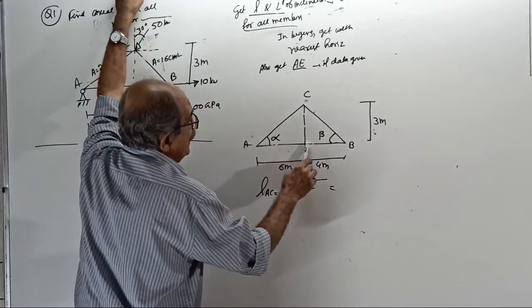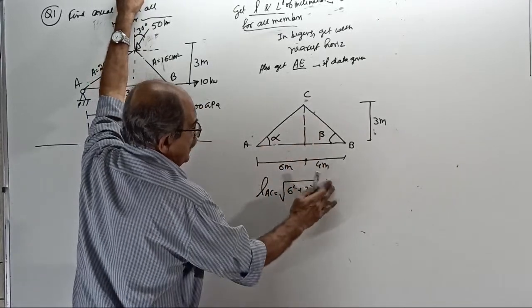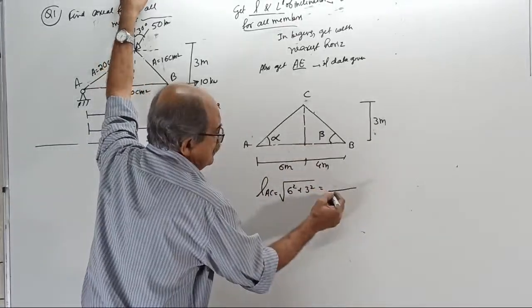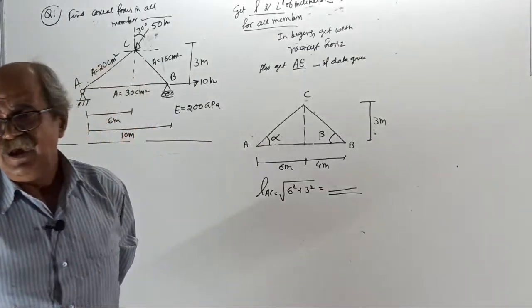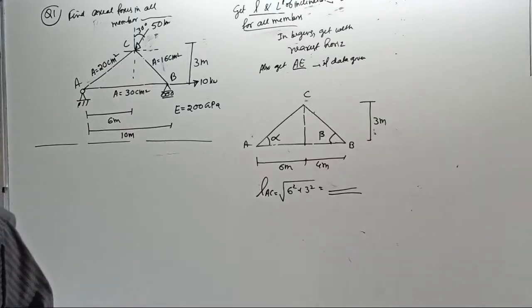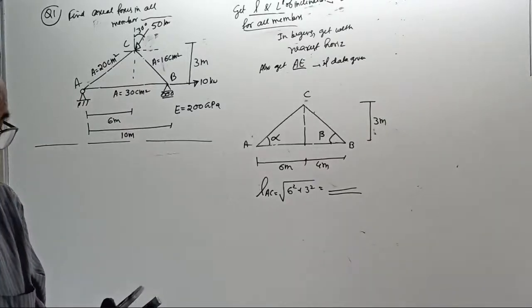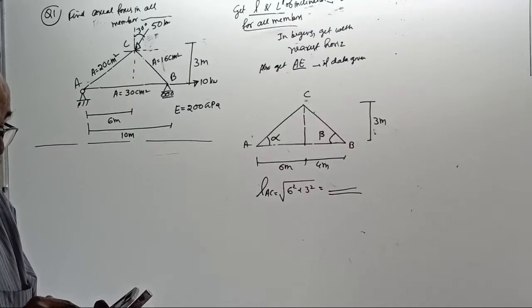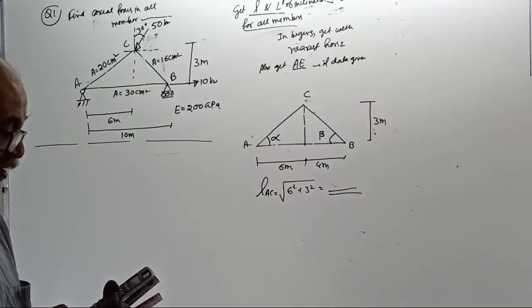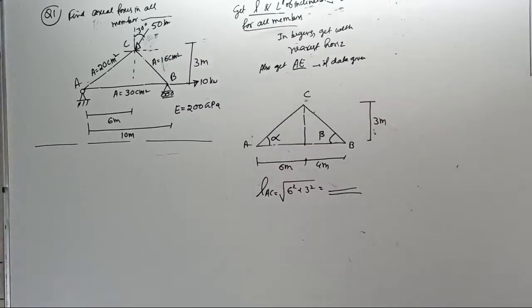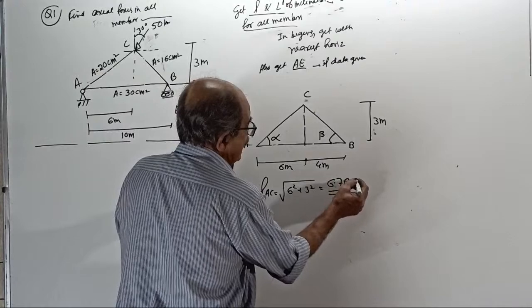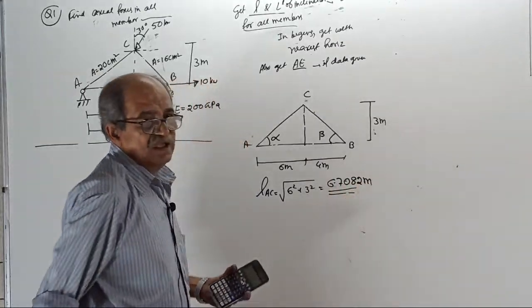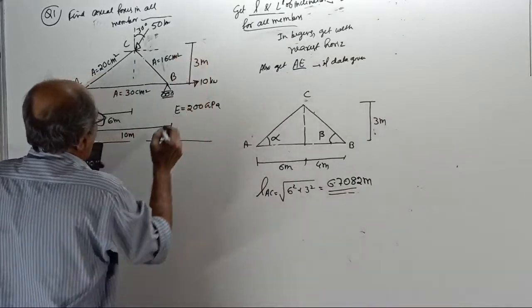I want the answer up to the third decimal. Is it 6.7082 meter? Tell fast.